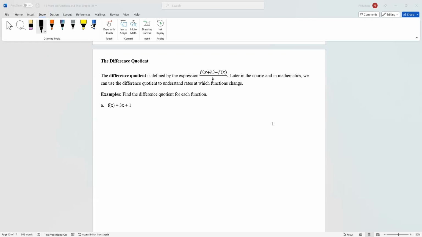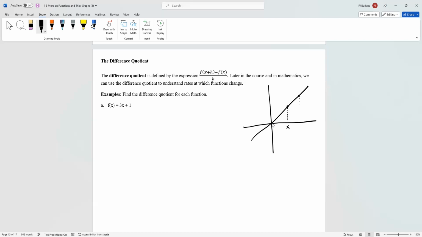So notice it says f of x plus h minus f of x, all divided by h. I'm hoping that sort of reminds you of slope. So just to give you a quick rundown of what this thing is calculating, I have this line here. I'm going to call this one point x.